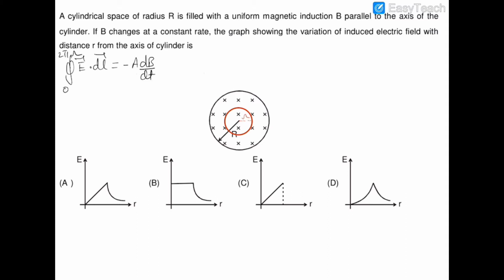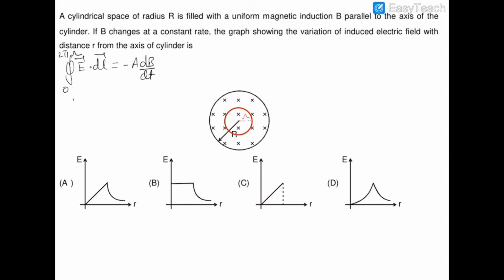You should always remember that dl is the small element on this loop on which you are calculating the electric field, so the limit should be the circumference of this loop on which the electric field is induced.